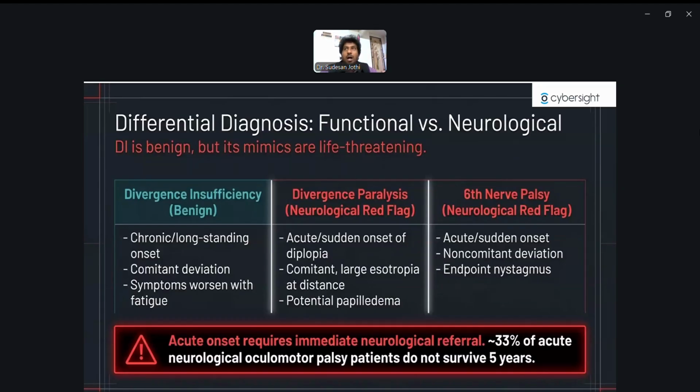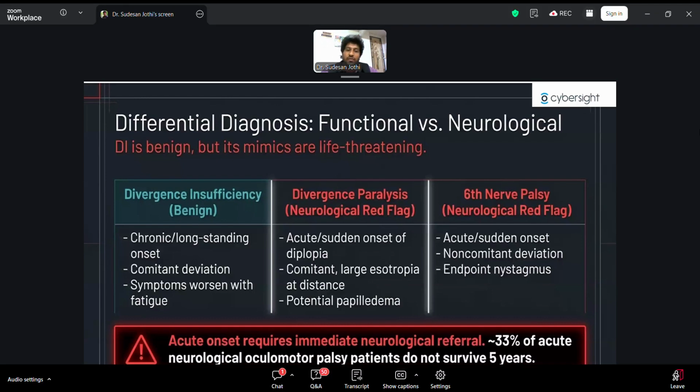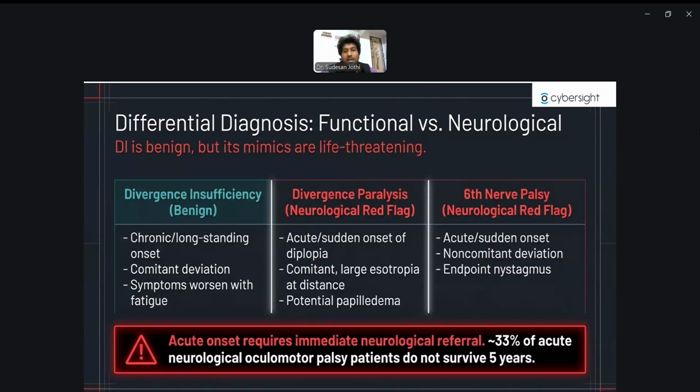This one is the most important slide, because not every patient with distance esophoria has divergence insufficiency, so we must differentiate. This slide shows the differential diagnosis. As an optometrist, we must differentiate it from neurological conditions, such as divergence paralysis and sixth nerve palsy. So we should rule out both things.